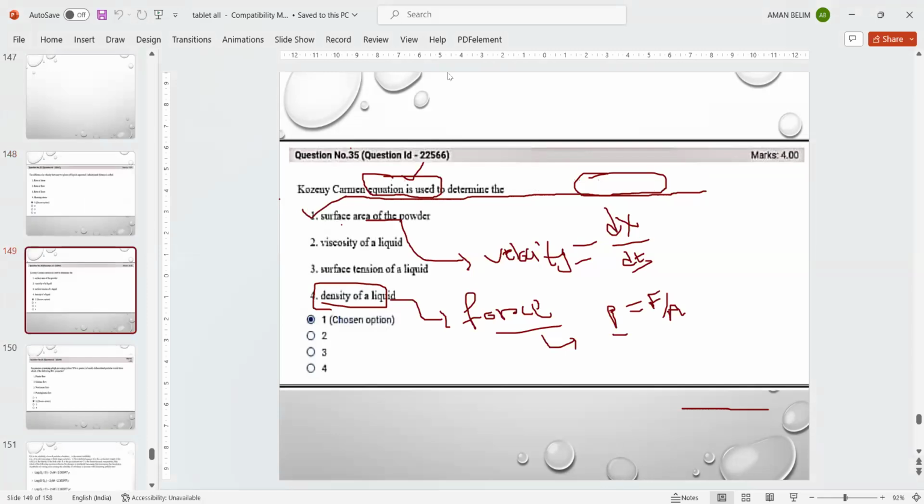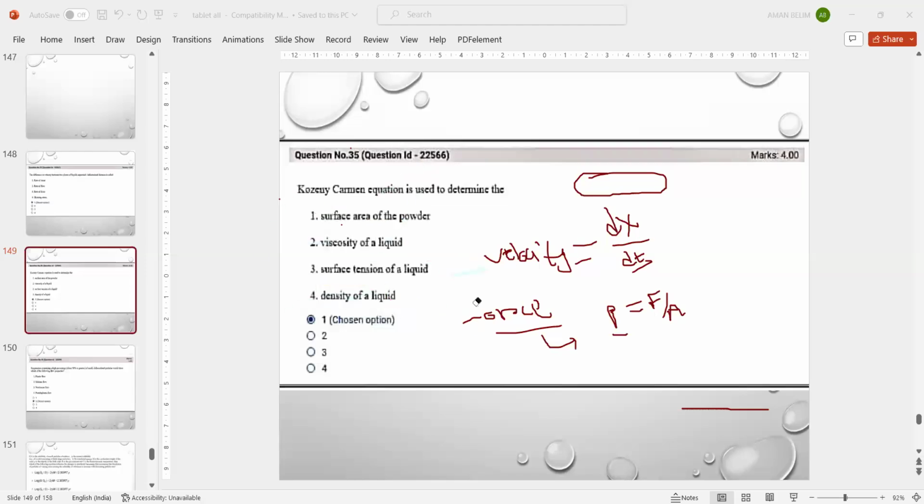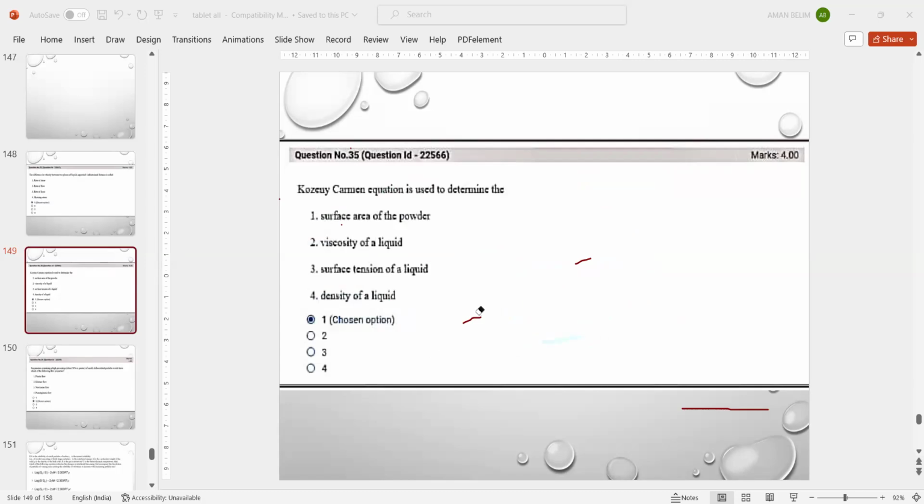Now what will be the answer for this MCQ? What will be the answer? Yes, very good.